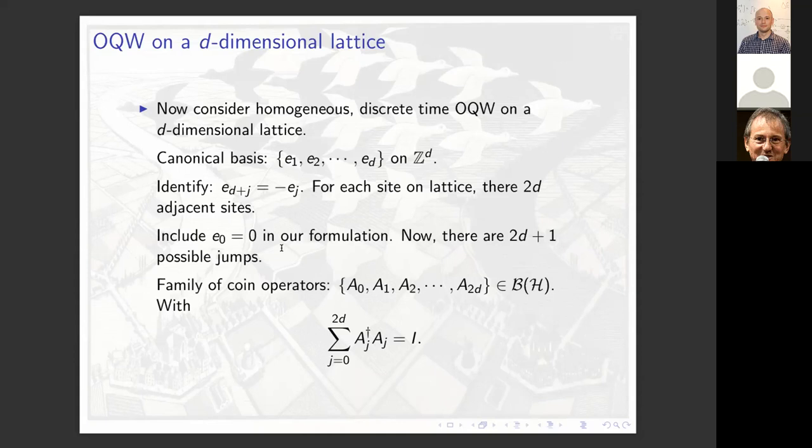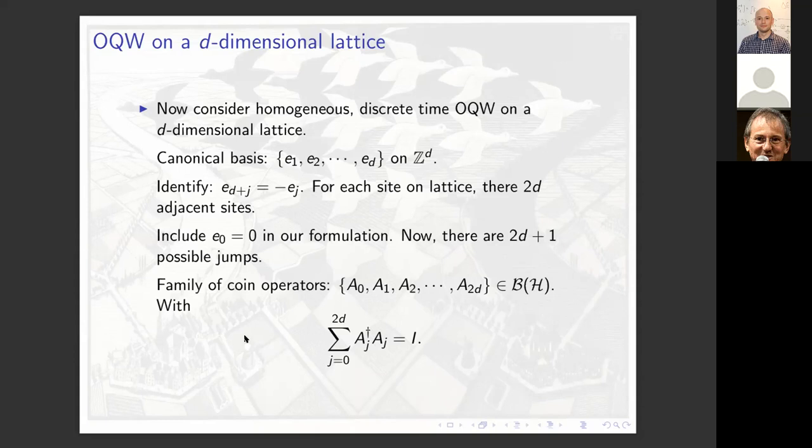So now putting this all together, there are 2d plus 1 possible things that our walker can do, right? It can move in any direction, so that's 2d options for it to do. And it can also stay put, right? It reserves the right to not go anywhere, right? So that's the 2d plus 1 possible jumps, possible options.